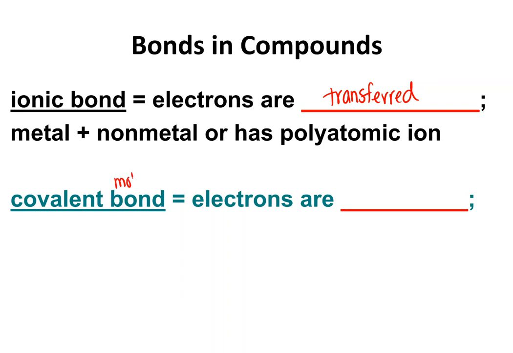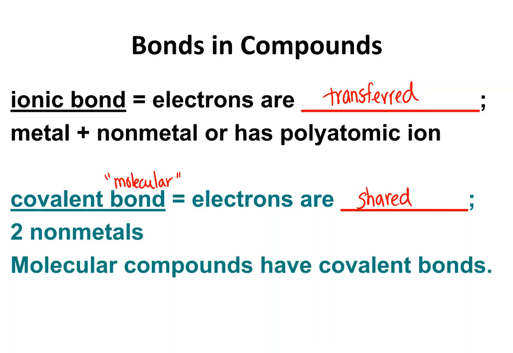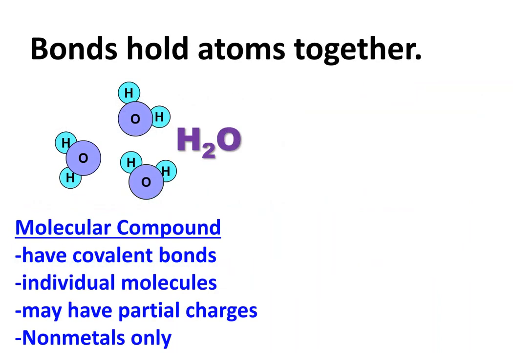These are the compounds that we called molecular compounds. And in these, the electrons are shared. Covalent bonds occur when you have 2 nonmetals coming together. And we said that about molecular compounds. We're going to spend most of our time talking about the molecular compounds because they are actually more common.